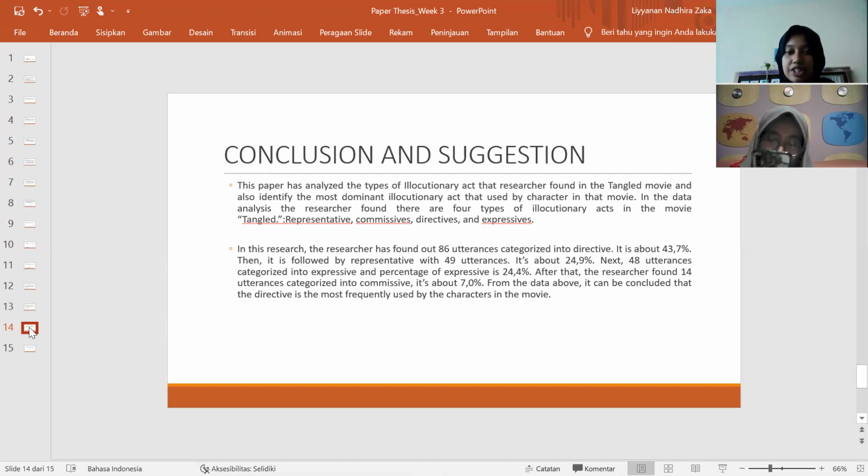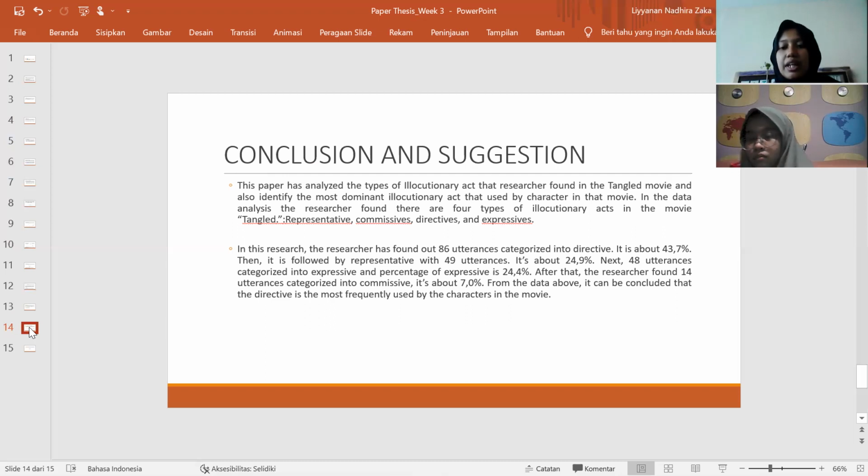And in this research, the researcher has found 86 utterances categorized into directive, and it is about 30.7%. Then it is followed by representative with 49 utterances, about 24.9%.